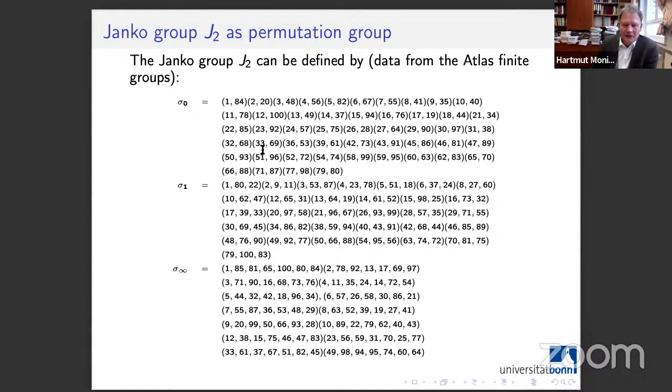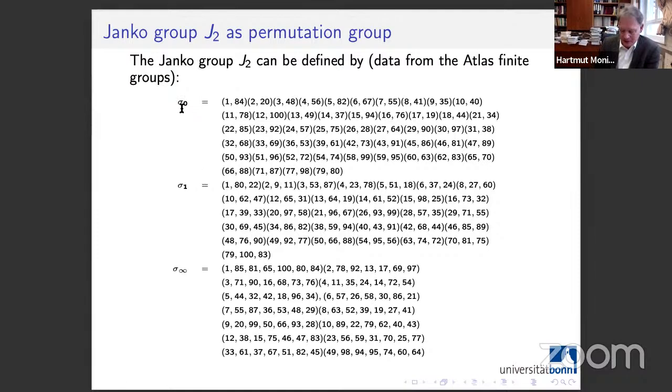So this is a representation of Janko2 as a 2-3-7 group, and that basically says you can represent it as a triangular group, a 2-3-7 triangular group, or as a modular group, where you have this mapping of sigma 0 and sigma 1.